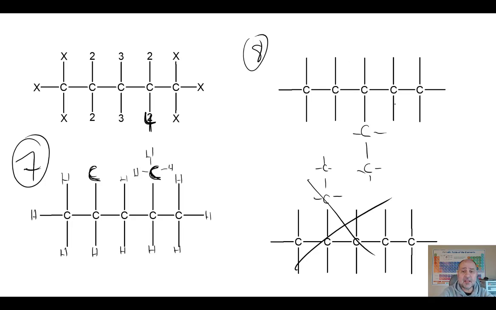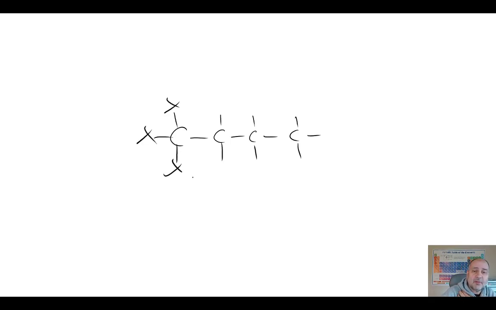And then finally, we can chop 3 hydrogens off. 1, 2, 3, and 4. So we get 4 remaining carbons in a row. Again, I'm going to eliminate the first position, and then there's only one way to put 3 carbons in the 2 center ones, which is the only way to do it.